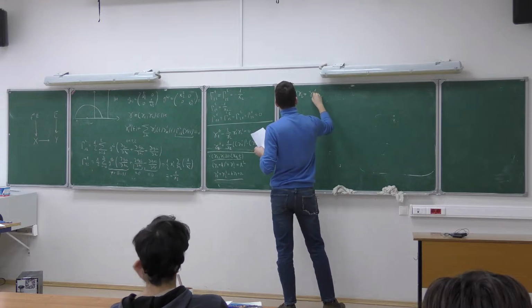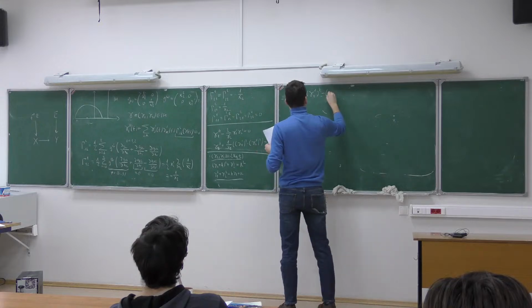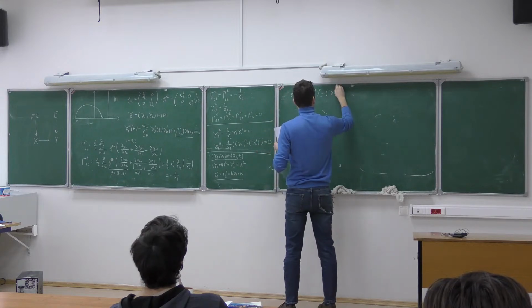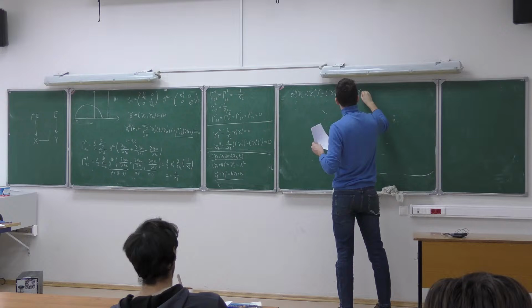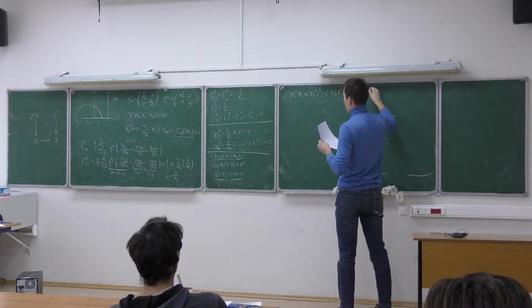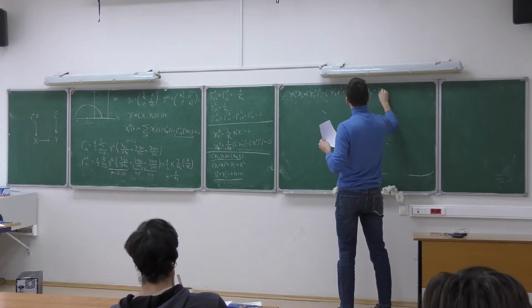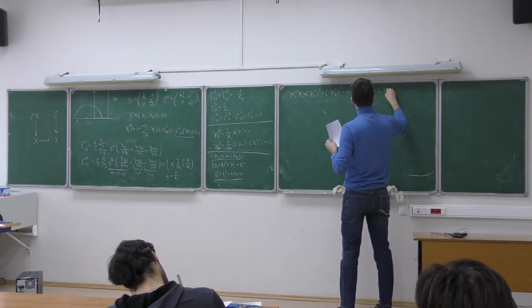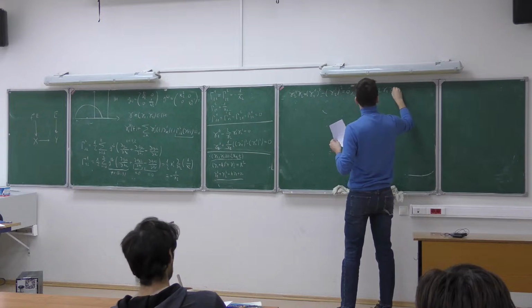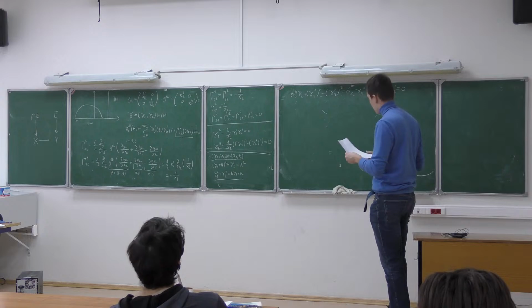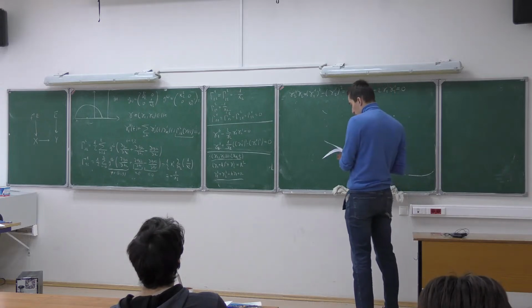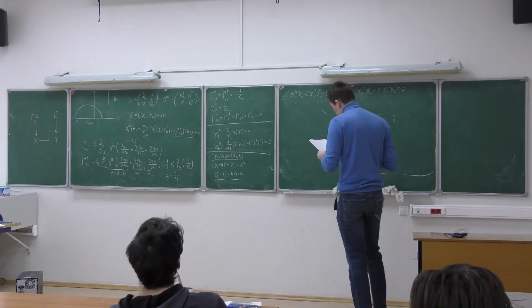Вот второе уравнение и первое уравнение. Это мы умножим на гамма.